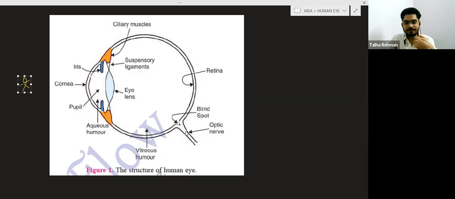My brain or your brain, because I have eyes and you also have eyes. So they are sent to the brain through this optic nerve, and then what happens? Our brain processes the image, and we are able to see the image of the object.